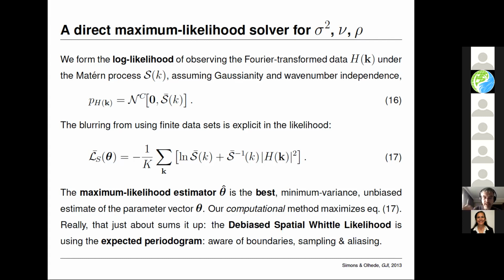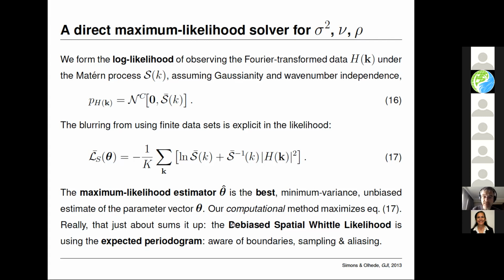By building a pseudo or quasi likelihood, an adjustment to the proper Whittle likelihood that takes into account this blurring and finite field effect, we are not solving the real problem but an approximate problem. And I'm going to tell you how close we are and that it actually does work very well.